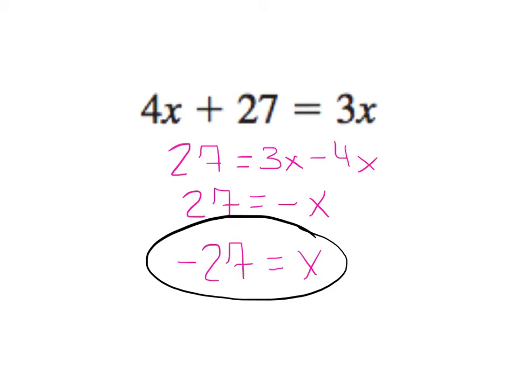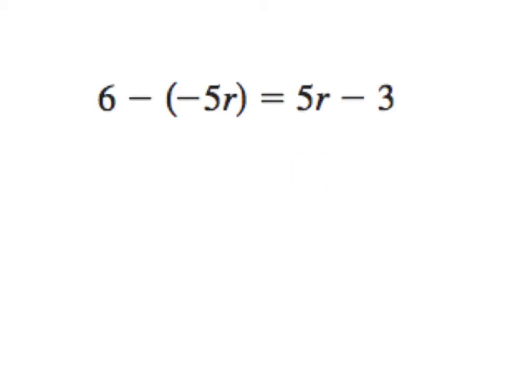Next, we're going to solve another problem, which looks like this. And in this one, we're going to do 6 minus negative 5r equals 5r minus 3. Now, first we have to combine the variables. So we're going to add 5r to both sides.